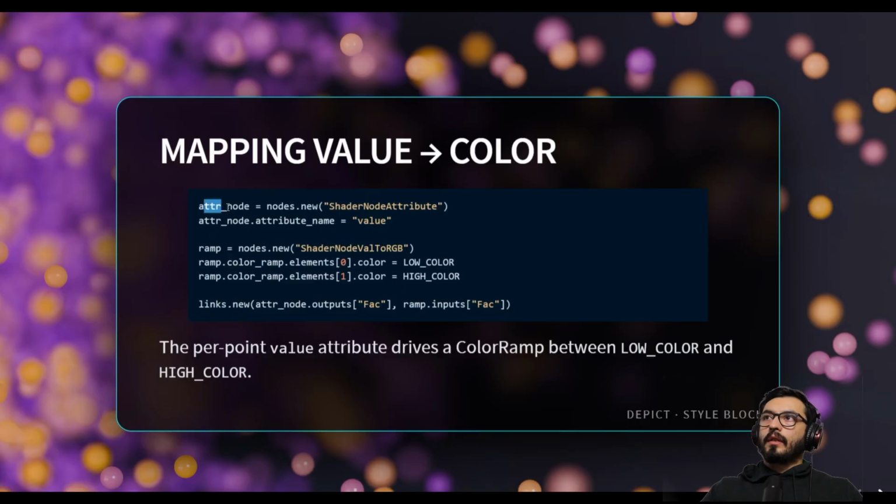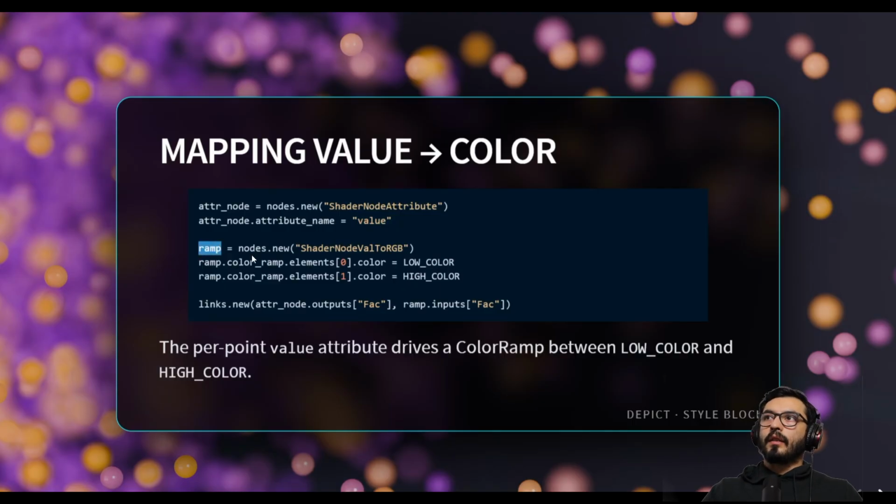For that, we will have the attribute node. We will call it attribute node, and we will add a new node which is called shader node attribute. In this attribute, we will use the name value. This is the name that we give to this fourth column of the data.